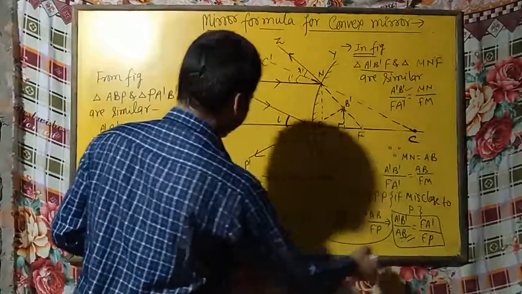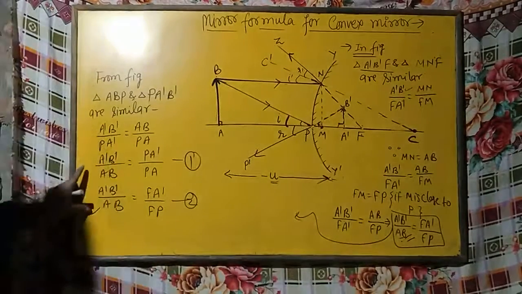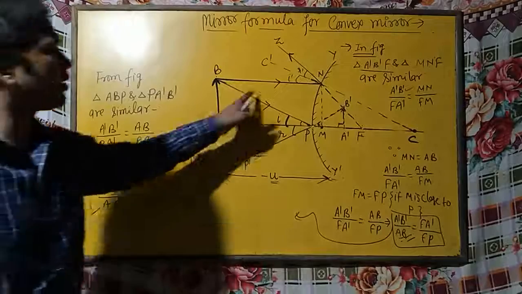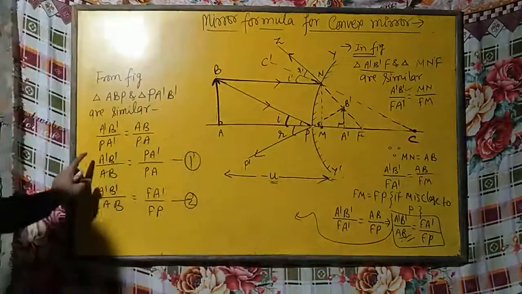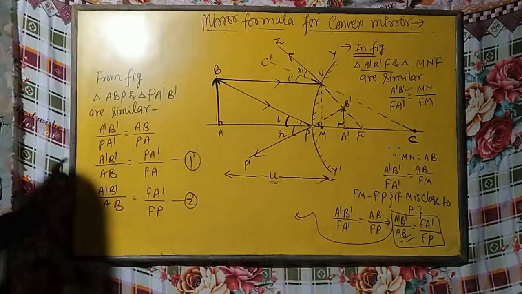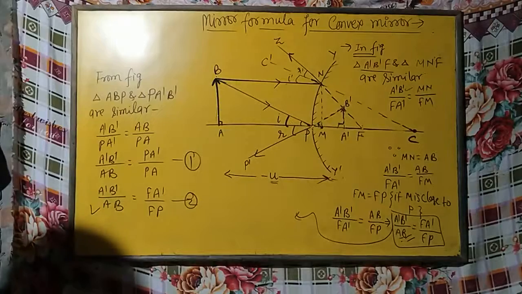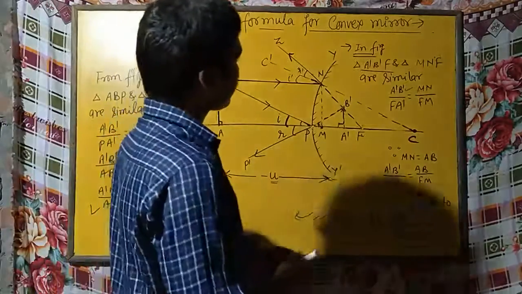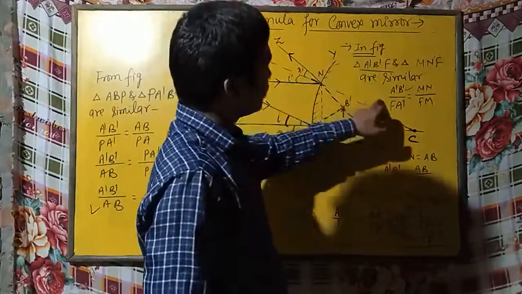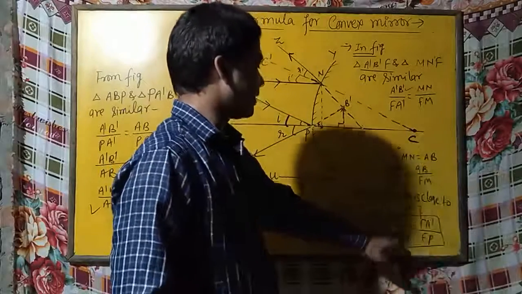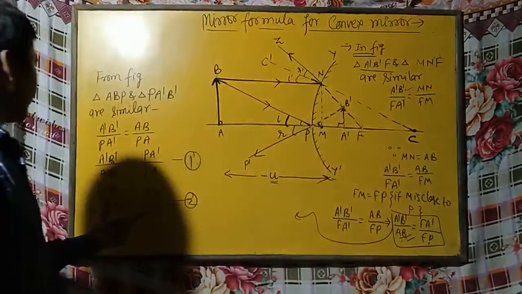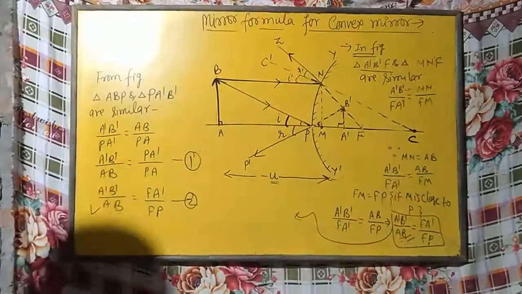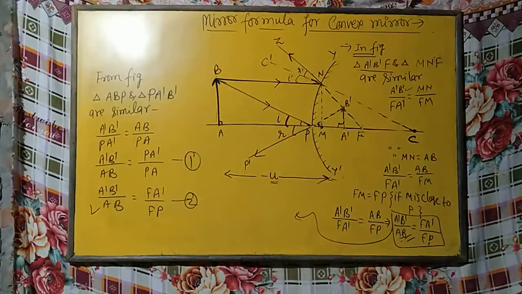This equation is written here, this equation number 2. So we got from this geometry these two equations, number 1 and 2. Okay, so you should note down this part. From here you should note down till here, this equation is written here. You should note down.